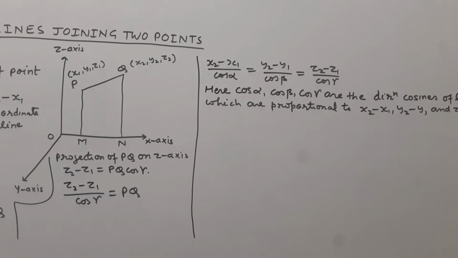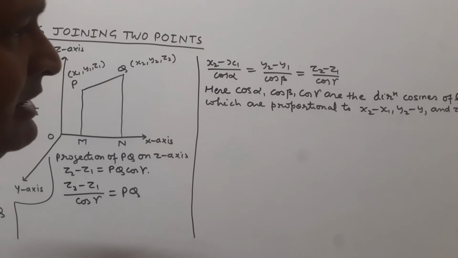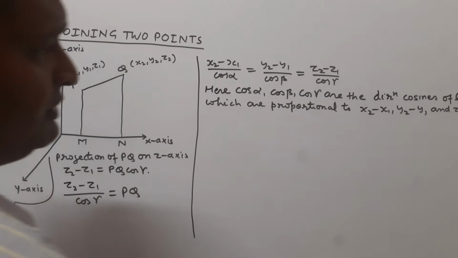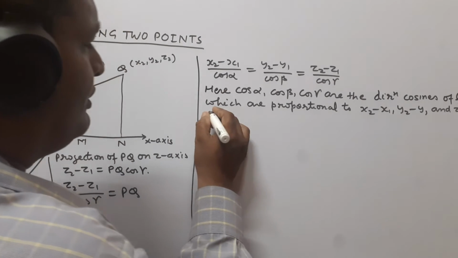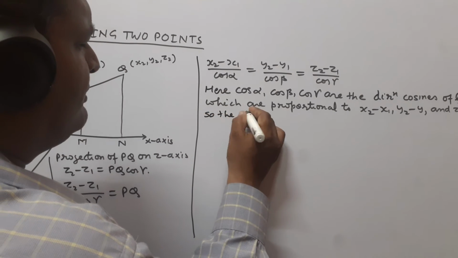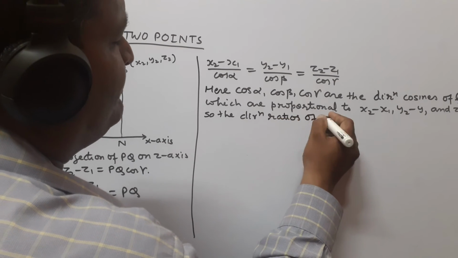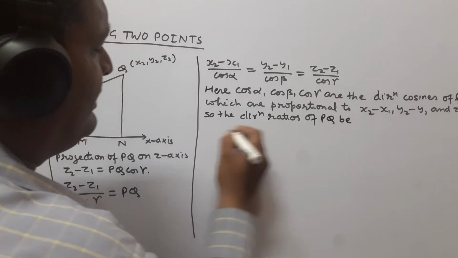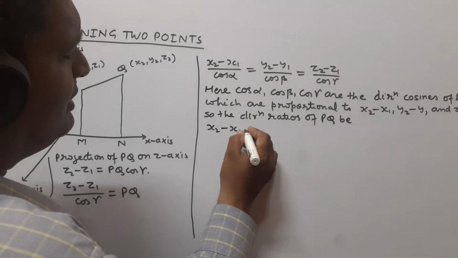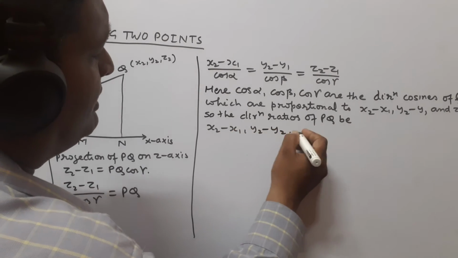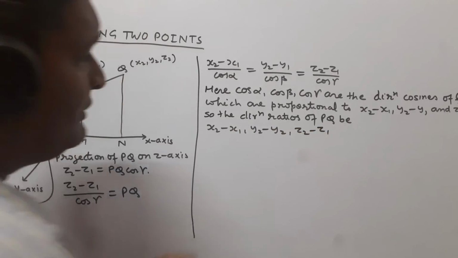And we know that if three numbers a, b, c are proportional to the direction cosines, then the numbers a, b, c are called direction ratios or direction numbers. So the direction ratios of PQ are x2 minus x1, y2 minus y1, z2 minus z1.